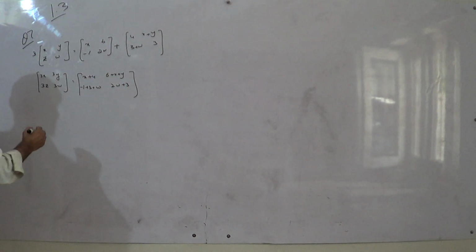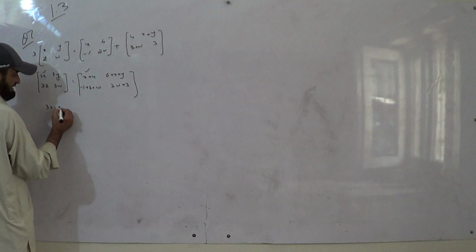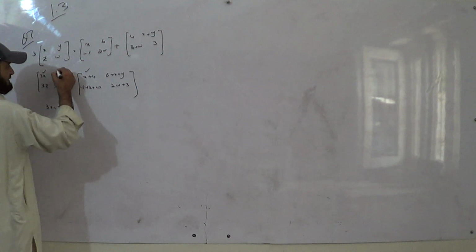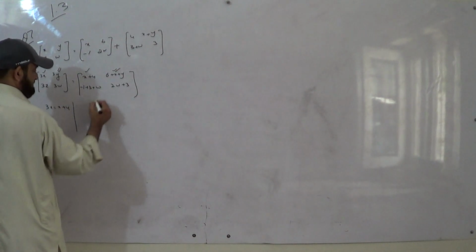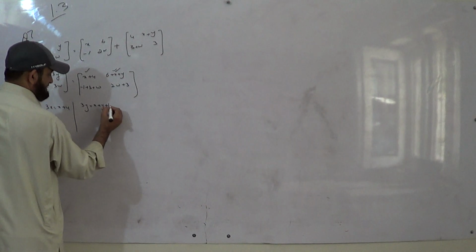Now we take first equal to first: 3x is equal to x plus 4. Second equal to second: 3y is equal to x plus y plus 6.